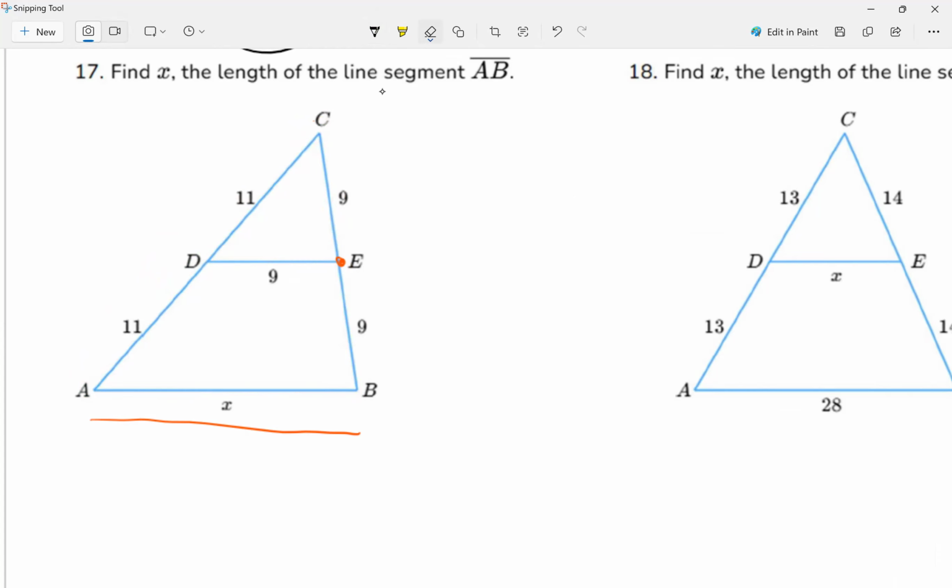Something really cool. So what happens with a mid segment? The small number is half of the big number. An easy way to do this: it is easier to multiply than to divide.